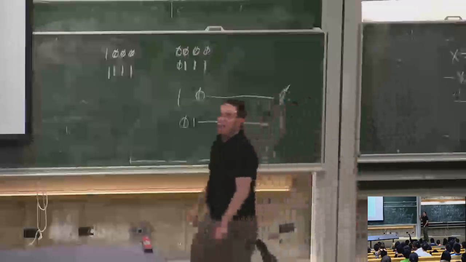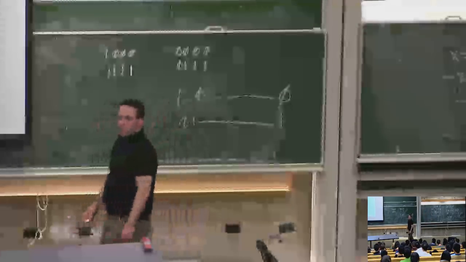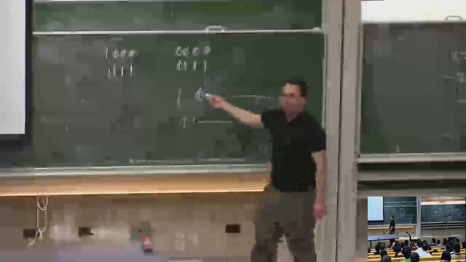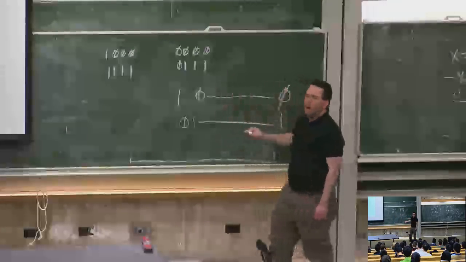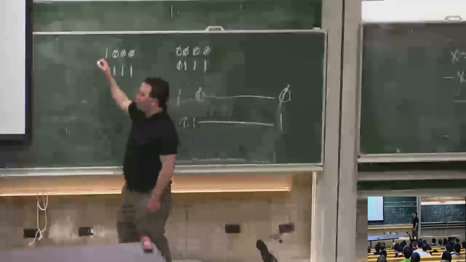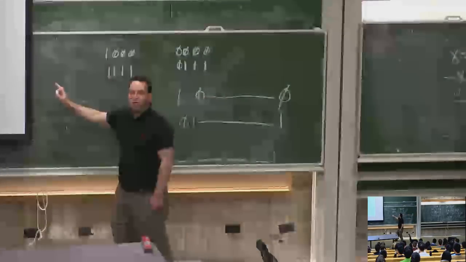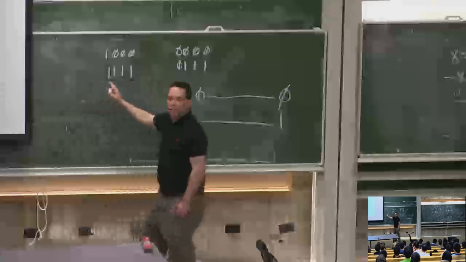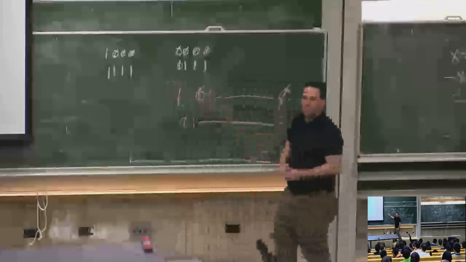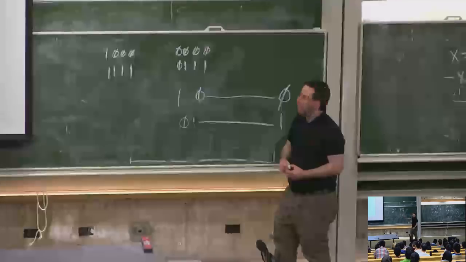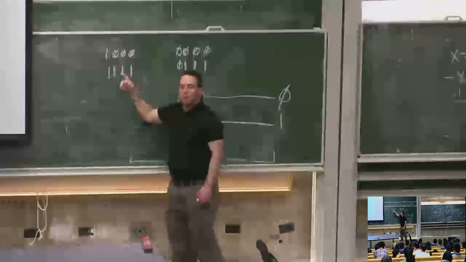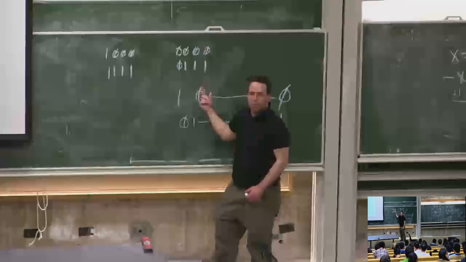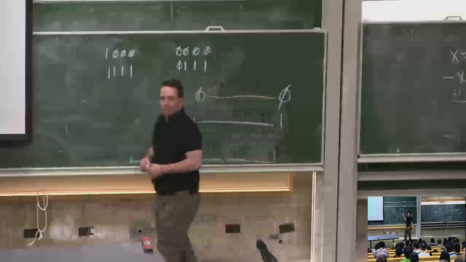On the non-negative side of the number line, we're adding to 0 as we take all zeros and start to add to it. On the negative side of the number line, we're starting with the most negative number, 1, 0, 0, 0, and adding to it to bring it back to 0. Where I have 1, 1, 1, 1, plus 1 is 0.